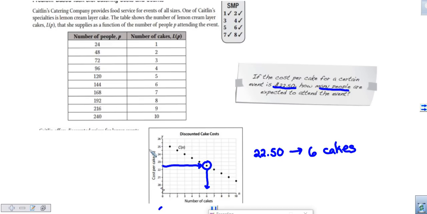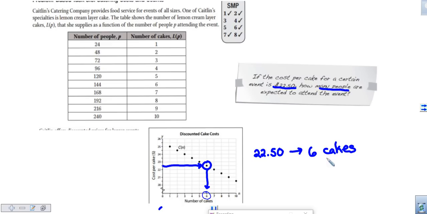So now what we're going to do is inverse that. We're going to go backwards towards the original answer. Okay? So if we know it's $22.50 per cake, then we know there are 6 cakes total.